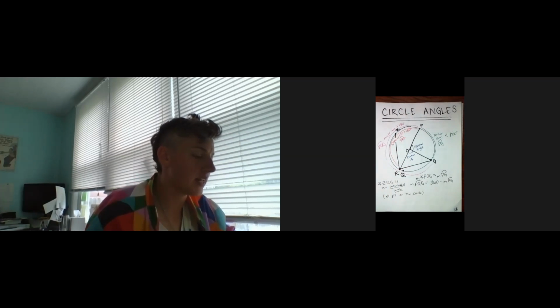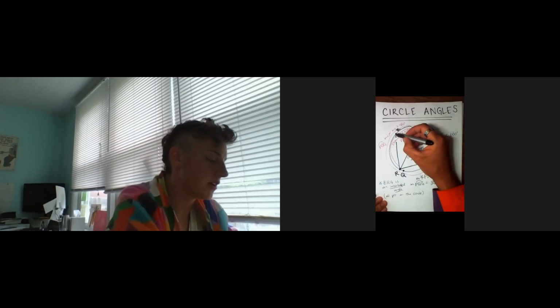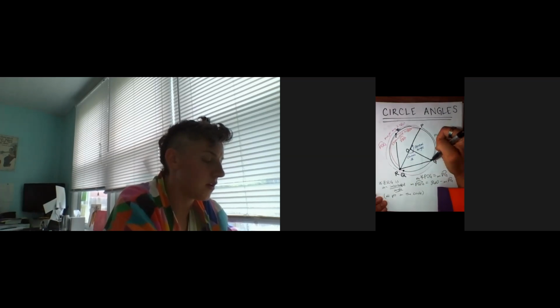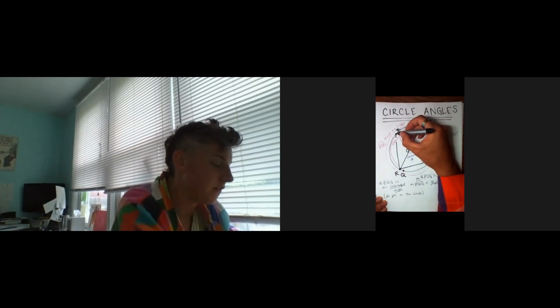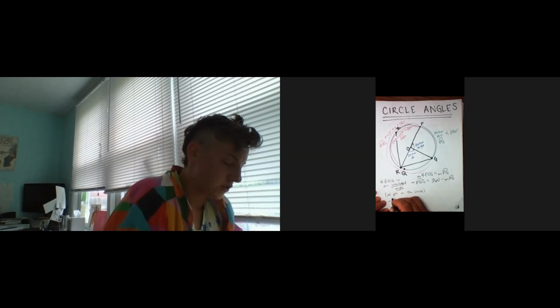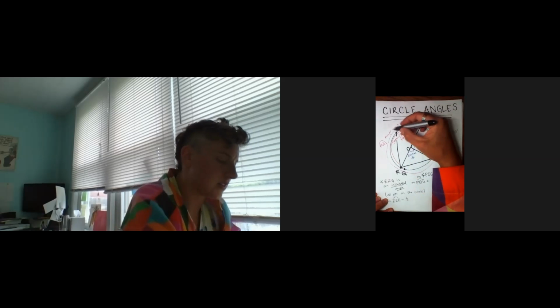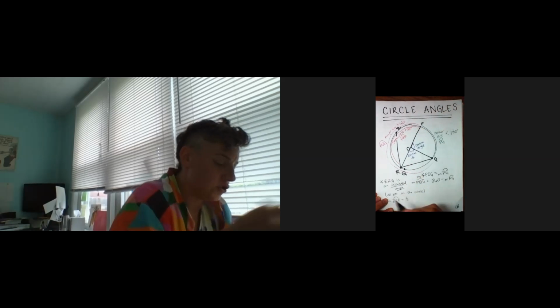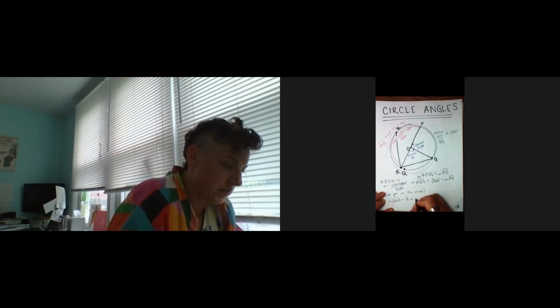We also learned about inscribed angles. Inscribed angles have all of their points on the circle, and they are half of the arc that they subtend. So let's write this: the measure of angle ZRG is 1/2 the arc it subtends, which would be ZG, half the measure of arc ZG.